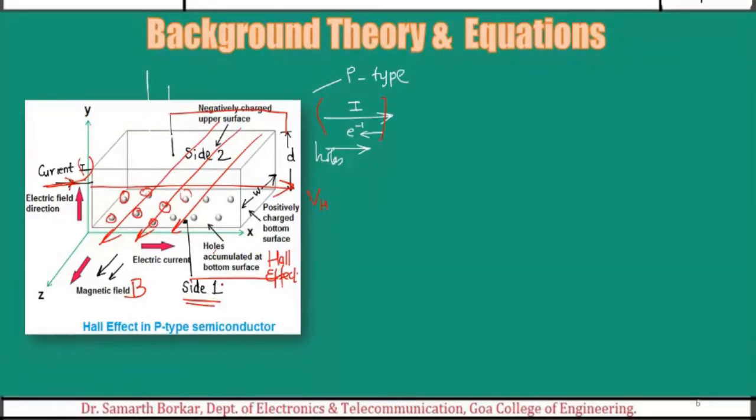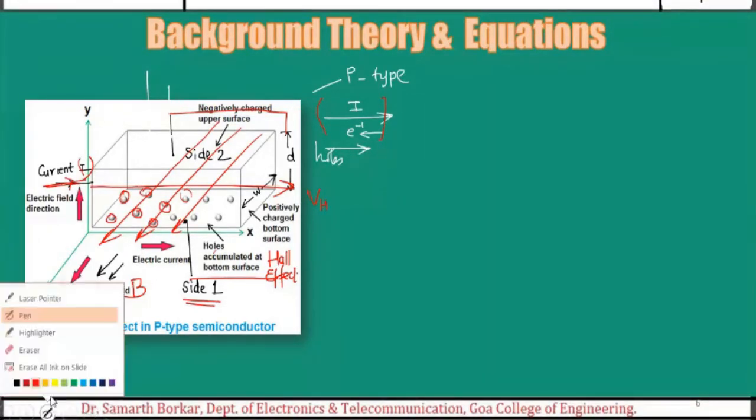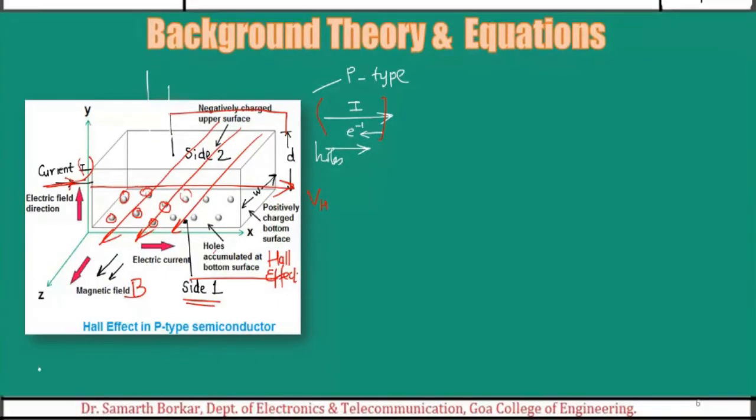So if we are given any bar of semiconductor and we don't have any idea whether it's N type or P type, we just need to check the value of VH, find the voltage across the two sides, and then we can determine whether it is N type or P type.